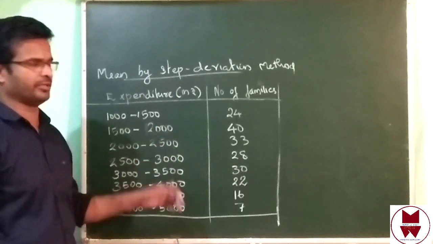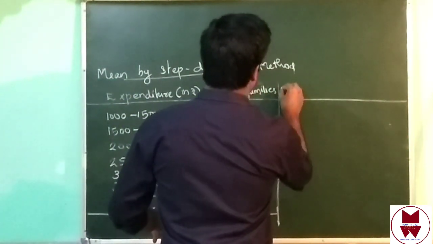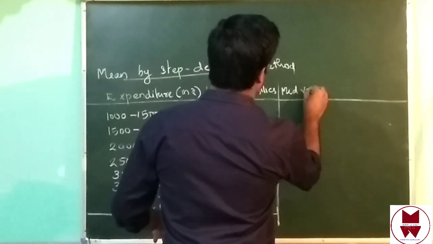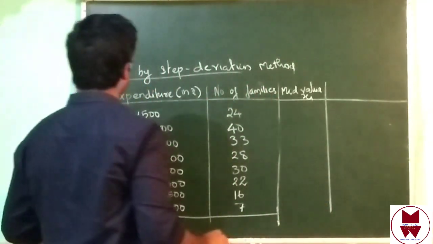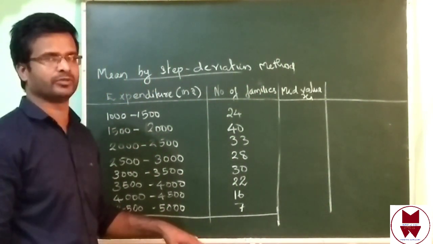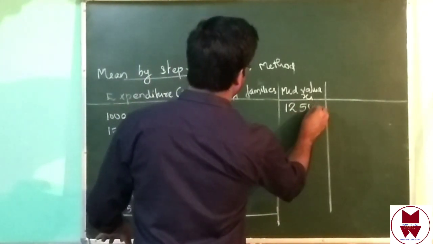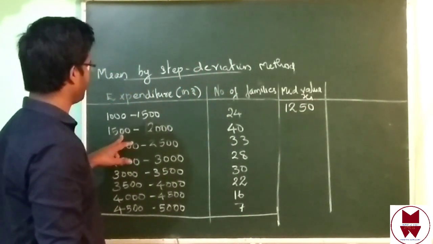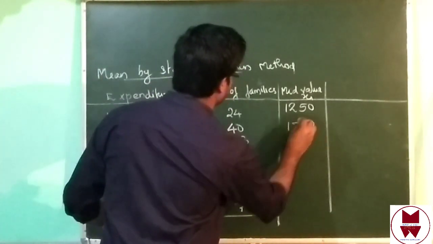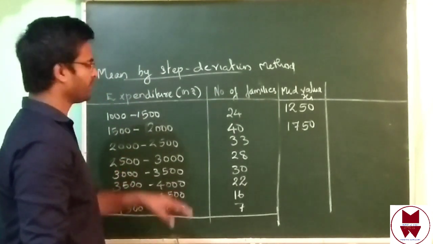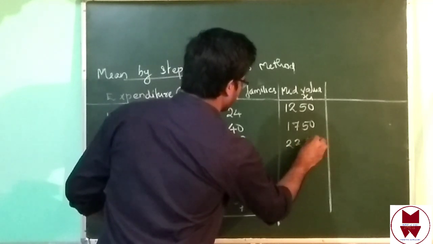Now we can find out mean. Both of these tables are given. Then the remaining part we can draw: mid value, that is xi. Xi equal to, in between 1,000 and 1,500, which number? We'll get 1,250. In between 1,500 and 2,000, we'll get 1,750. Then in between 2,000 and 2,500, 2,250.